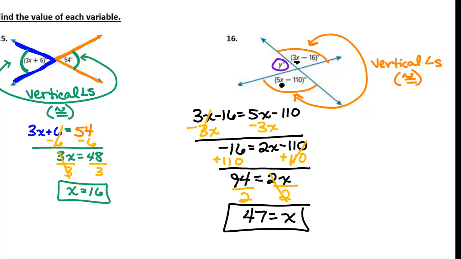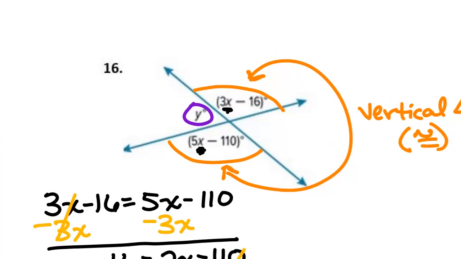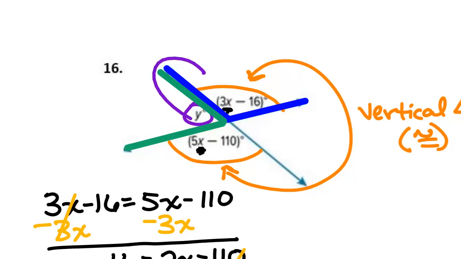All right, so that finds x for us, but now we still need to find y. Well, this angle up here and the angle that has y in it, this angle right here. Do you see how they share this side right here? And together, those two angles make this straight line.